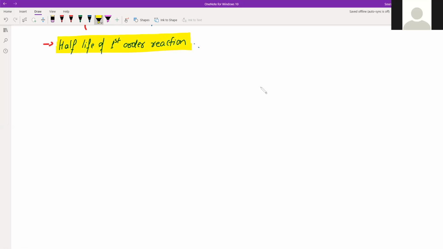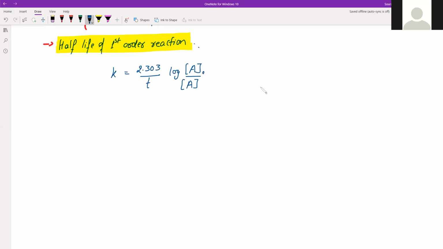Now this is a first order reaction, so what was the expression? K is equal to 2.303 by T log initial concentration divided by final concentration. So this was the expression.